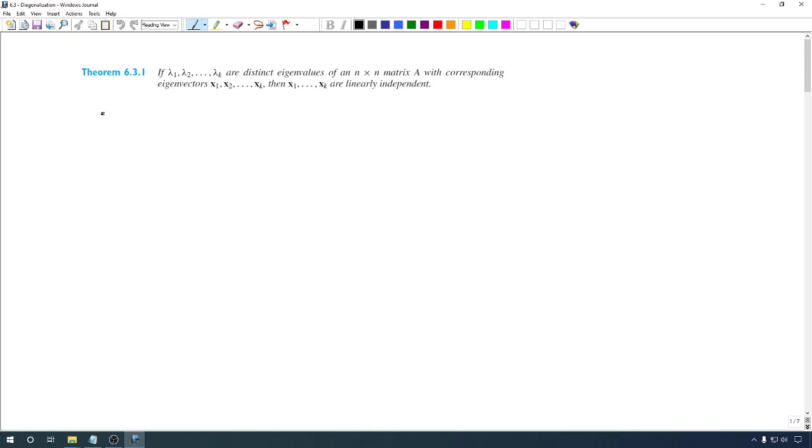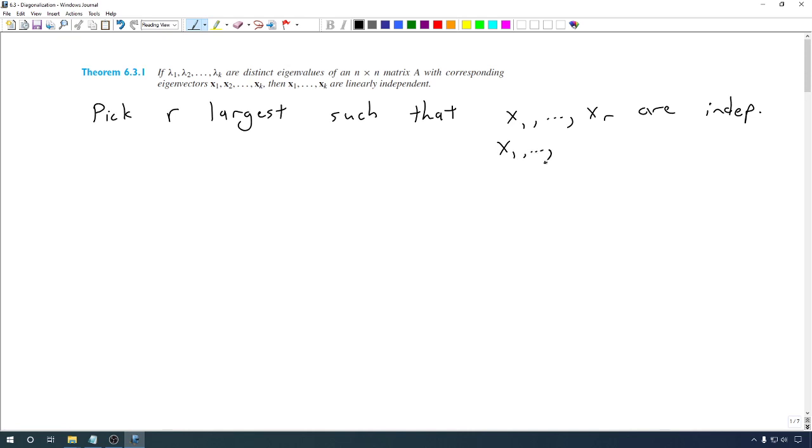So we will pick the largest number r such that x1 through xr are independent, but x1 through x(r+1) are not.